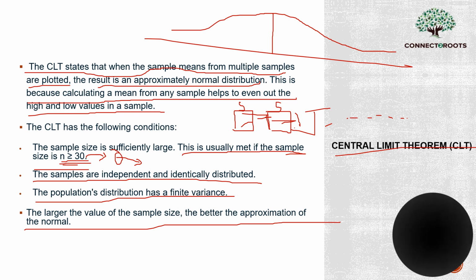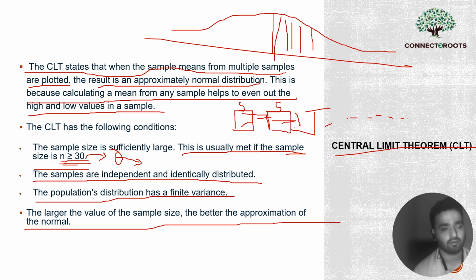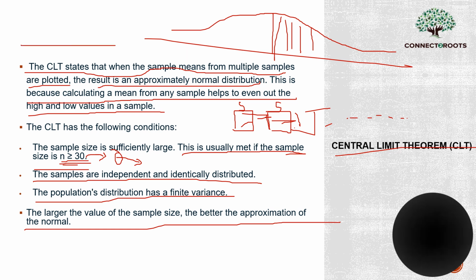The larger the sample size, the better the approximation. As I said, if you carry out sampling, the larger the amount of samples you take, the closer you will be to the normal distribution curve. So it's always suggested you should take a larger amount of samples.